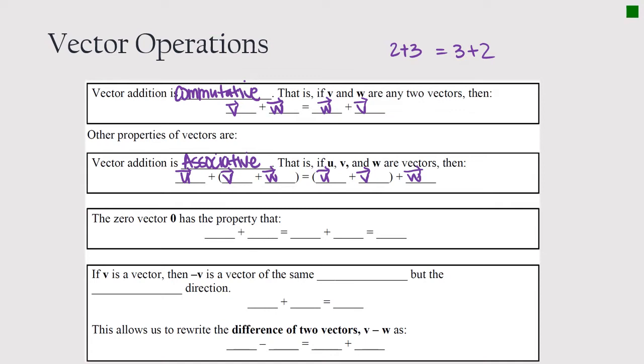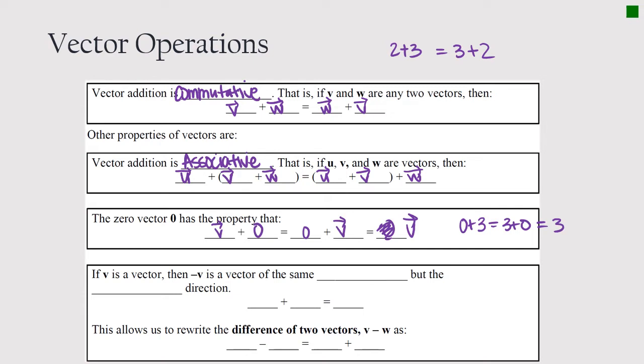Additionally, the zero vector has a property that, just like regular addition, if you add 0 to a vector, you're going to end up getting that actual vector. So for example, 0 plus 3 is the same thing as 3 plus 0, which is just 3.